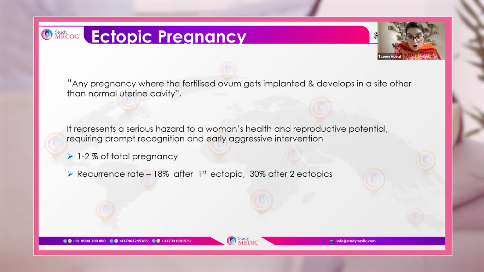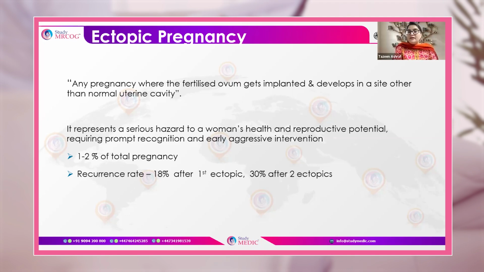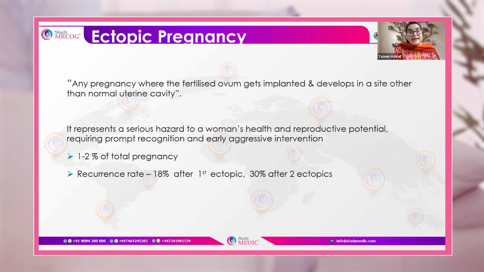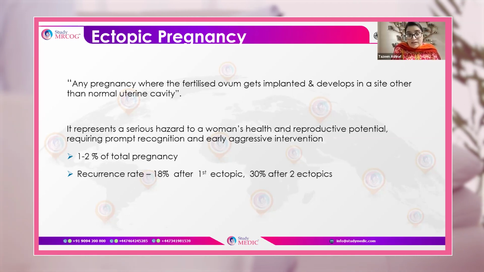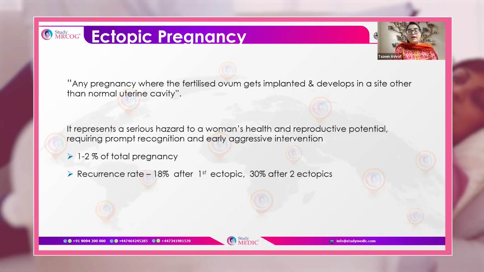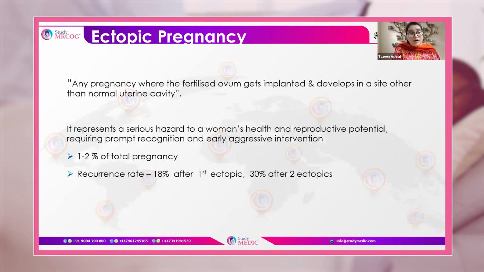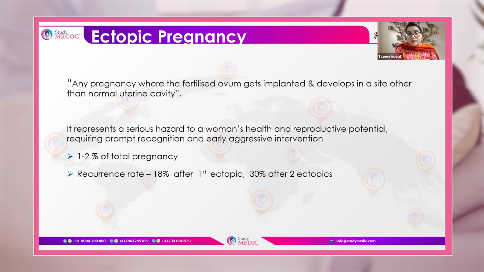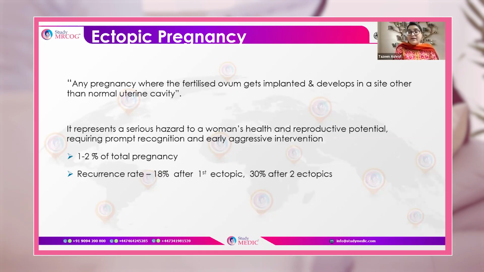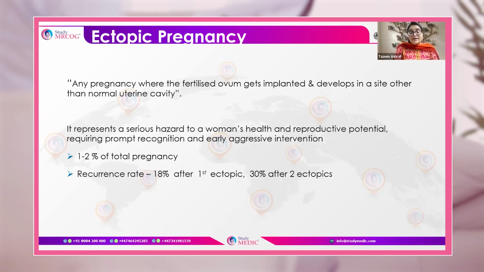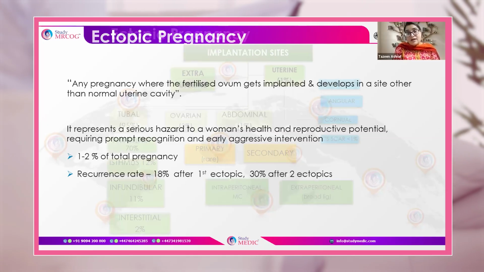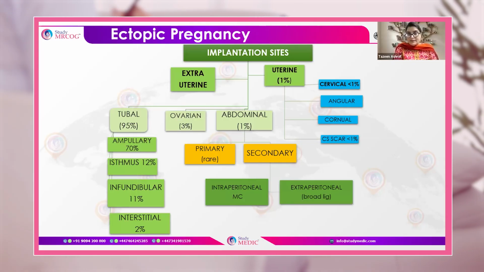These are not normal pregnancies. If they are not treated, they can end up in life-threatening situations if the pregnancy ruptures. So the management of these pregnancies is very, very important. They are 1 to 2% of total pregnancies. However, the recurrence is higher, and the recurrence rate is 18% after one ectopic pregnancy.